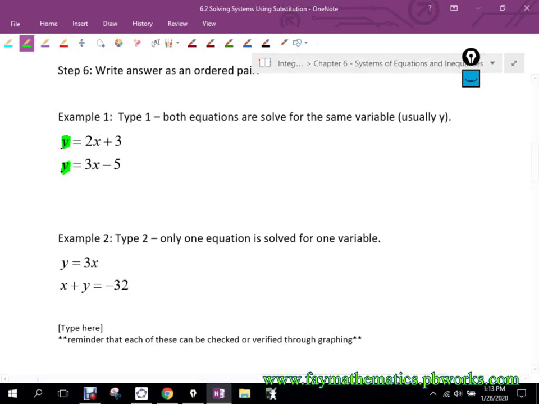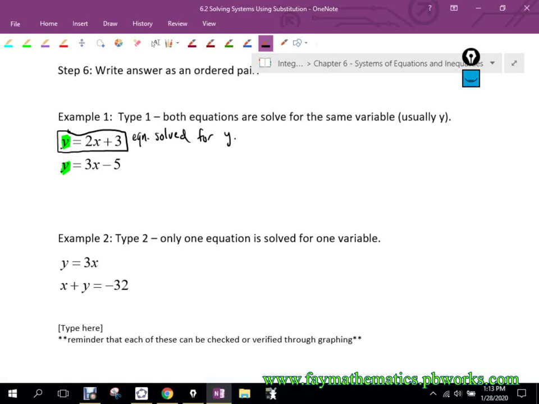Because this is what we're going to do. This is an equation solved for y. To end up finding the ordered pair where they cross, you're going to go into your other equation.